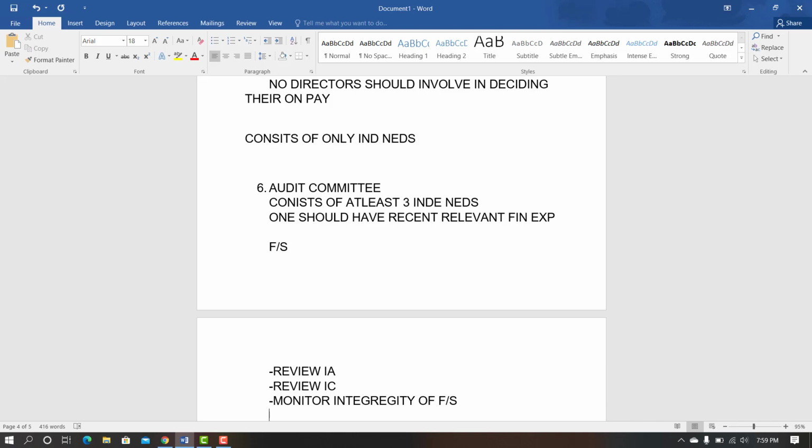So under financial statements, the auditors will review internal audit work, review the internal control system, and monitor the integrity of the financial statement, whether the financial statement is great or not.